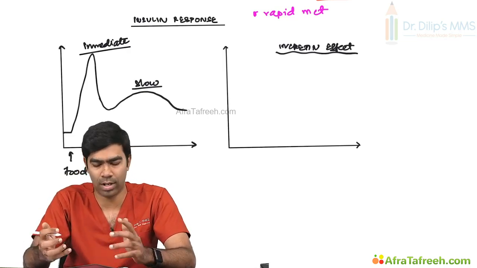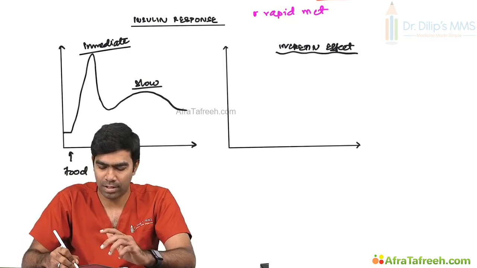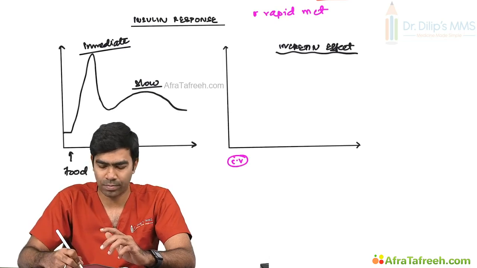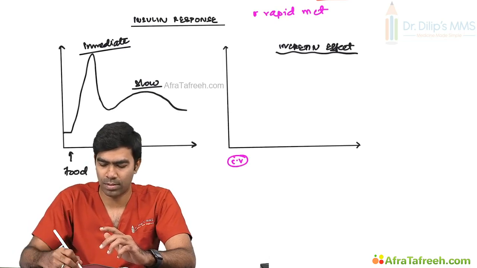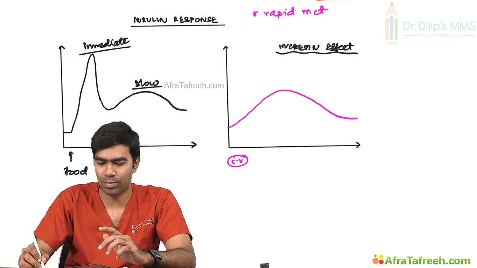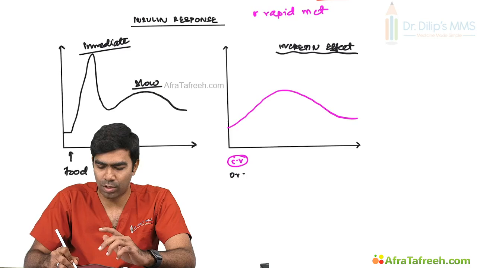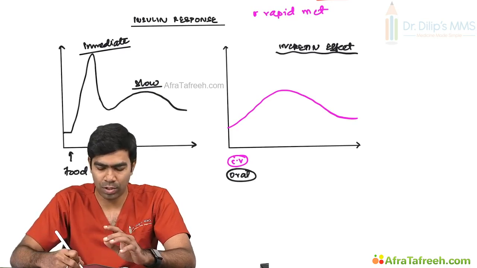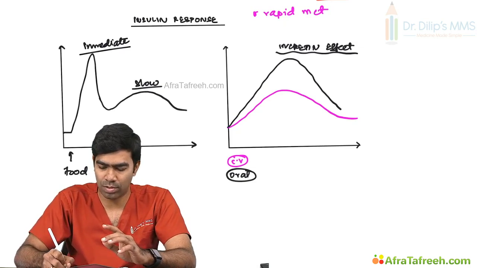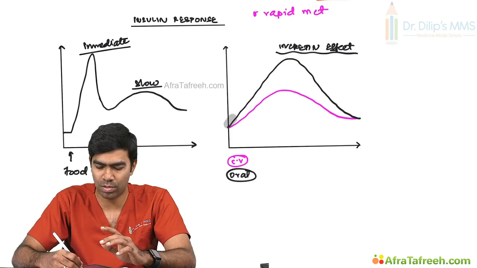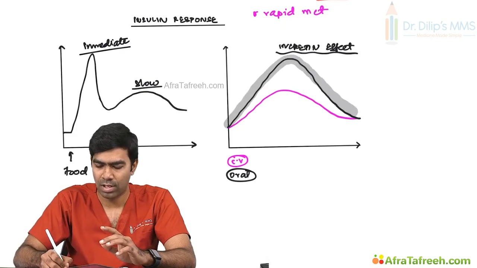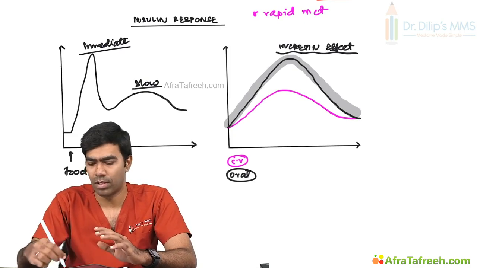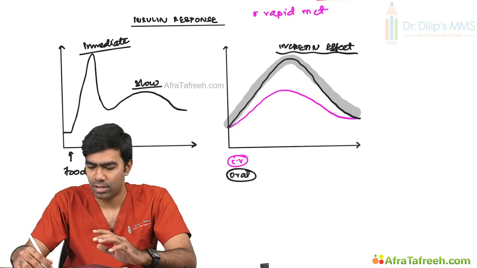So they did a research where they gave IV glucose. Once you gave IV glucose, this was the insulin response, let us assume. And they compared it with oral glucose. After giving oral glucose, which was a big surprise for them, this was the insulin response, which means the insulin response was much, much higher with oral glucose compared to IV glucose. So why is there a difference?